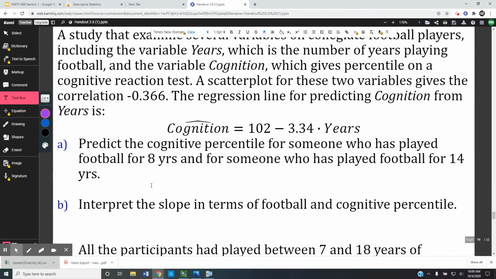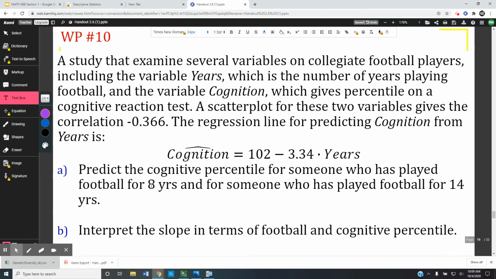Number 10. I've got to scroll down a little bit so we can see it. A study examines several variables in collegiate football players, including the variable years, which is the number of years playing football, and the variable cognition, which gives the percentile on a cognitive reaction test.